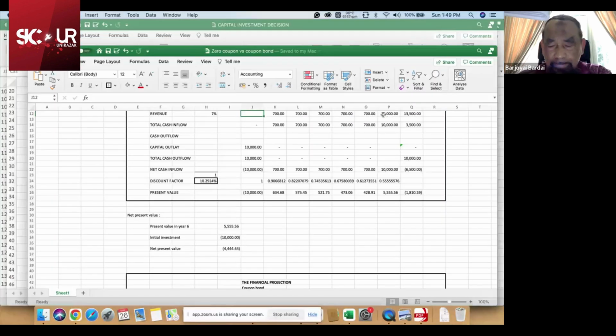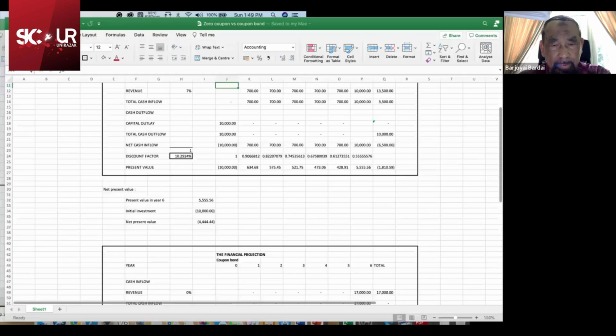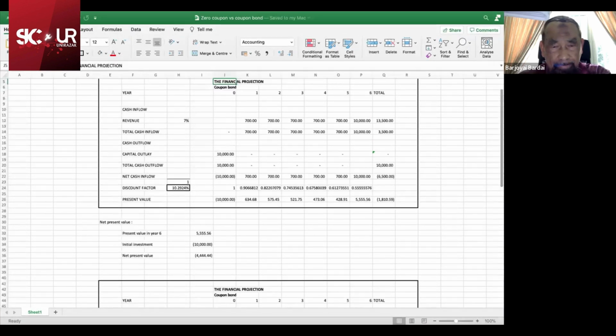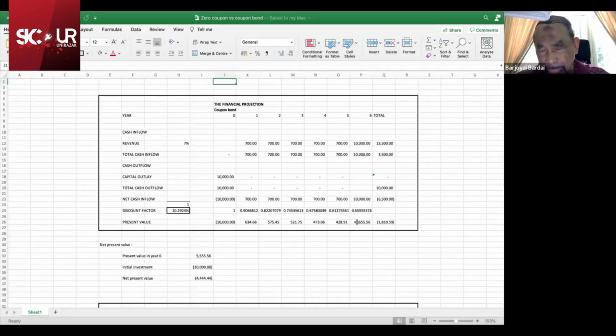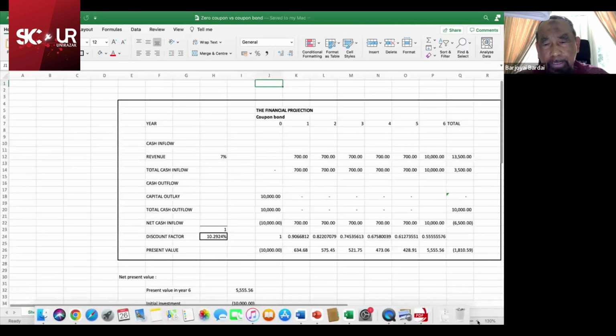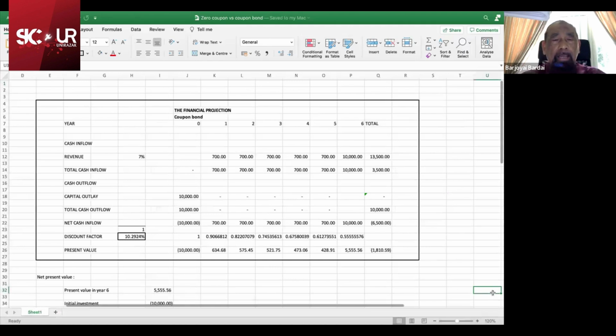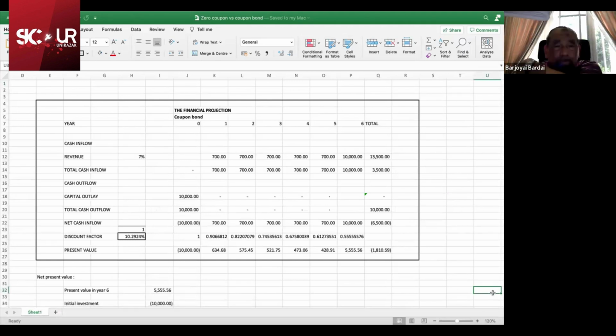So basically, if it is a coupon bond, and a coupon bond means a bond that will have a separate coupon paying interest every year.